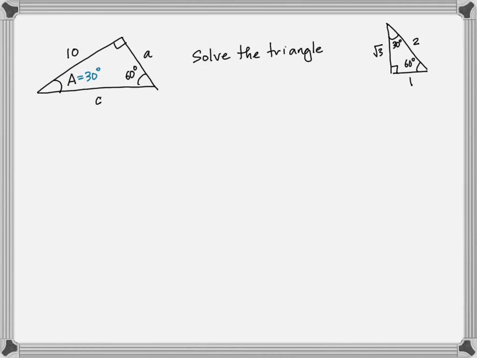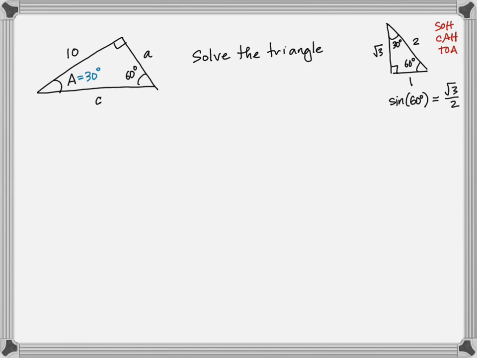Like I knew that the sine of 60 from this triangle over here, if I remember my SOHCAHTOA, sine is opposite over hypotenuse. So I know that sine of 60, opposite over hypotenuse, is the square root of 3 over 2.